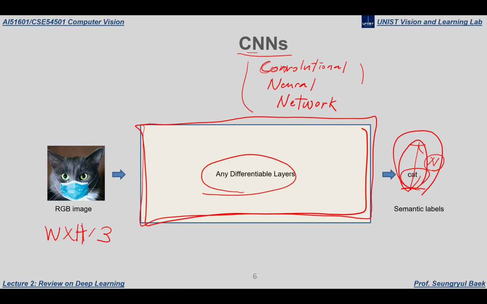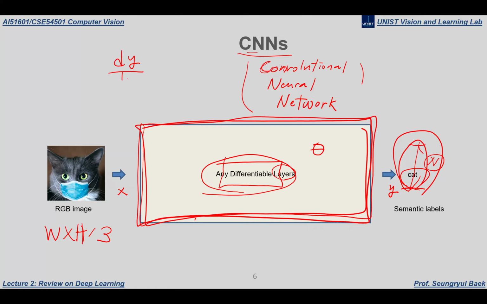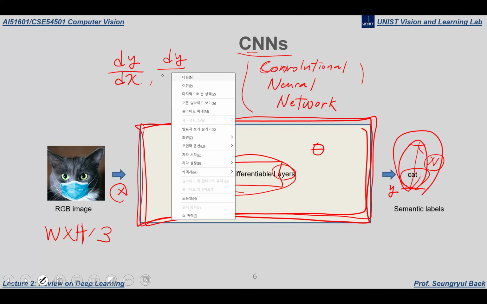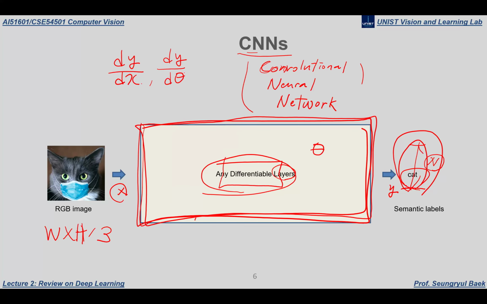Okay. Then what this differentiable means is, for any layer whose output, let's say the output is y and x is the input, and the parameters are set, let's say it is the parameter vector θ: if given one layer, its output is differentiable with respect to its input, and also its output is differentiable with respect to its intermediate parameters.